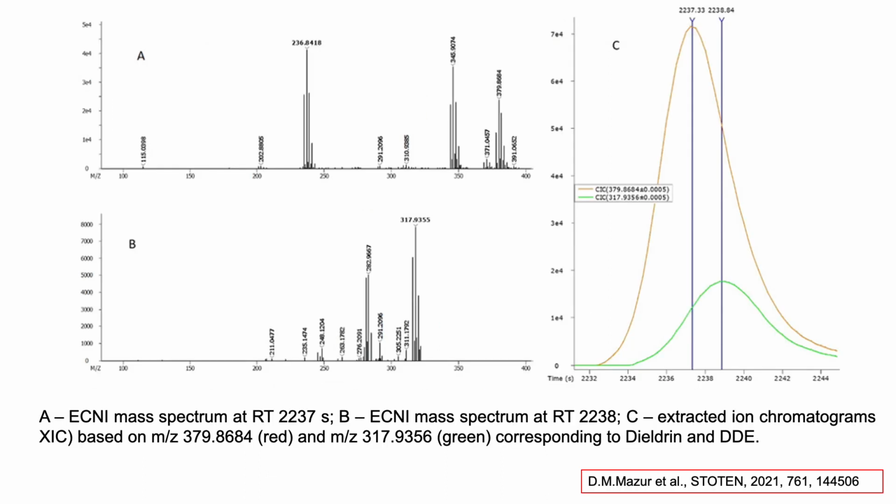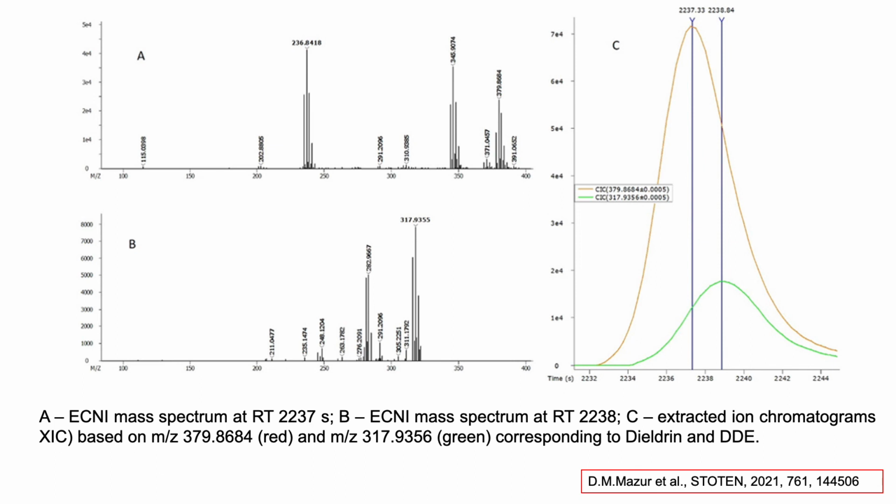Another example, two coeluting peaks. The difference is just 1 second. However, the use of the deconvolution procedure allowed getting two individual mass spectra. And the spectrum named B represents DDE, the most stable metabolite of DDT.